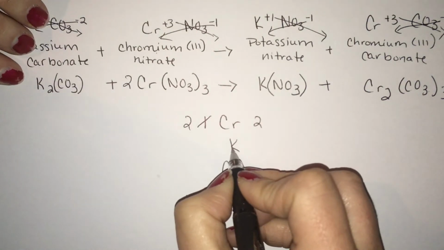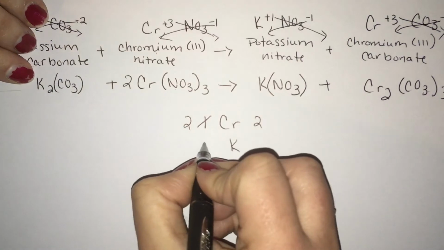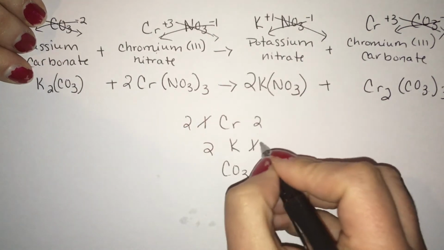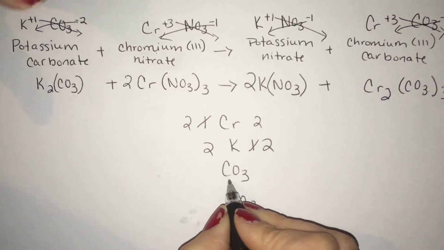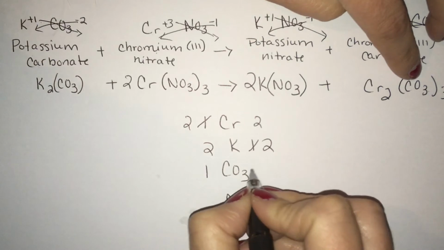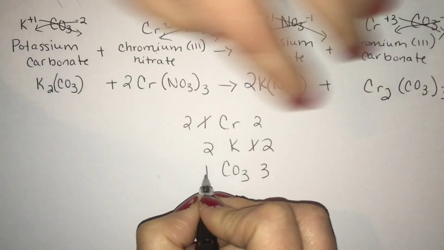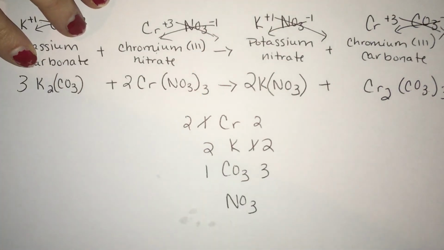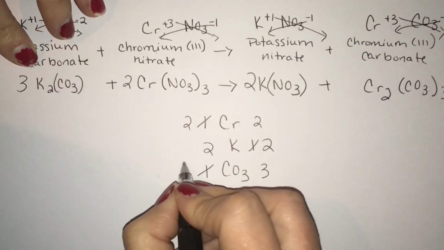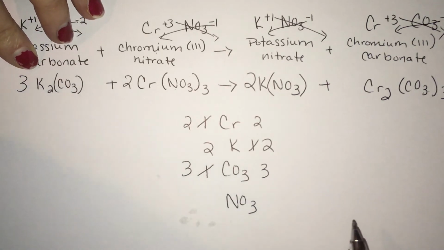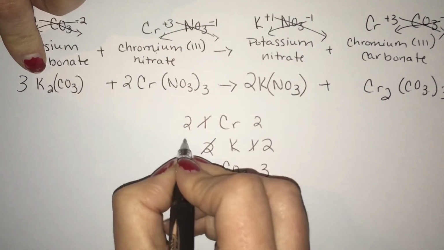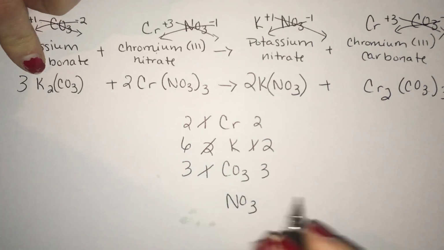Potassium, we have 2 on this side, 1 on this side. So we need to add a 2. Carbonate, we have 1 on this side, but we have 3 on this side. So we need 3 here, which does mess up something. We have good carbonate here, however, we have messed up our potassium, and now we have 6 potassium here.